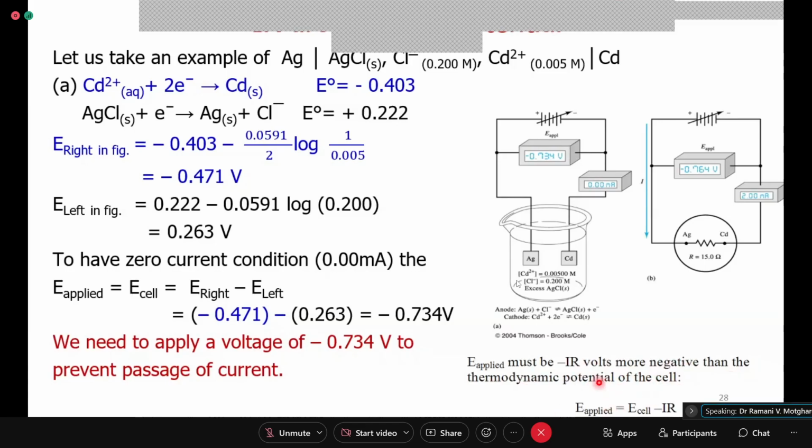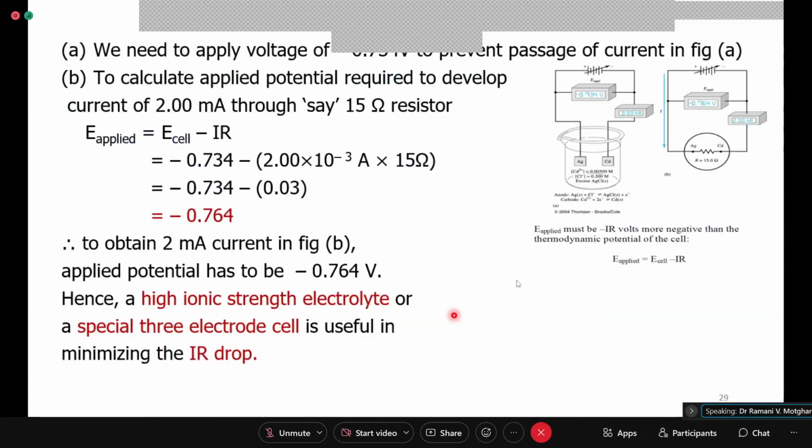So E applied will be equal to E cell minus IR. Now you are understanding what is E cell and what is IR. For this particular condition, depending on the analyte concentrations, we have calculated this to be minus 0.34 volt. Okay, so that is what is IR. So we need to apply a voltage of 0.734 volt to prevent passage of current, this is figure A.